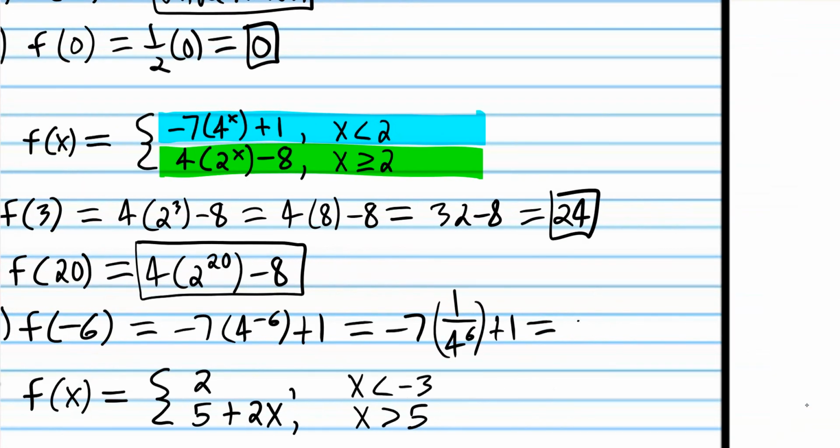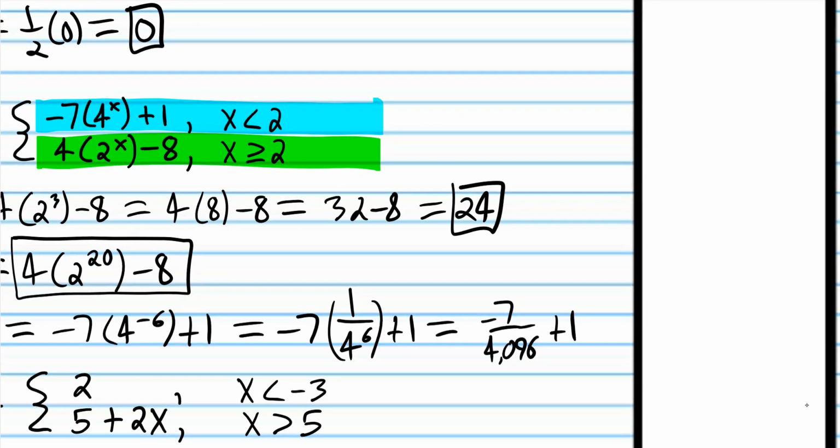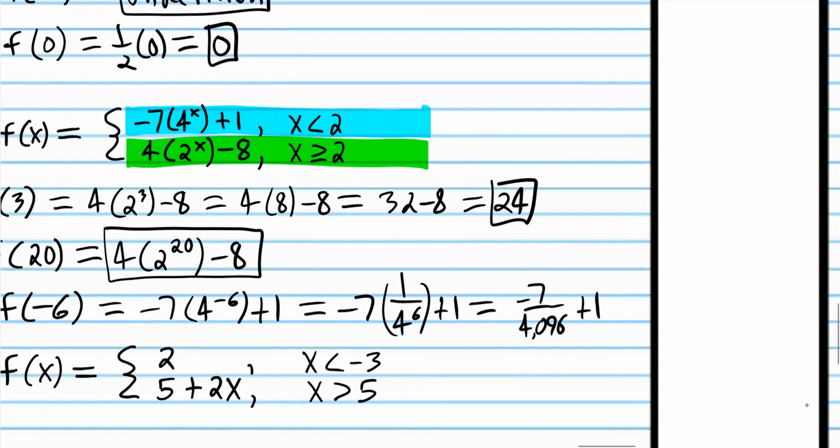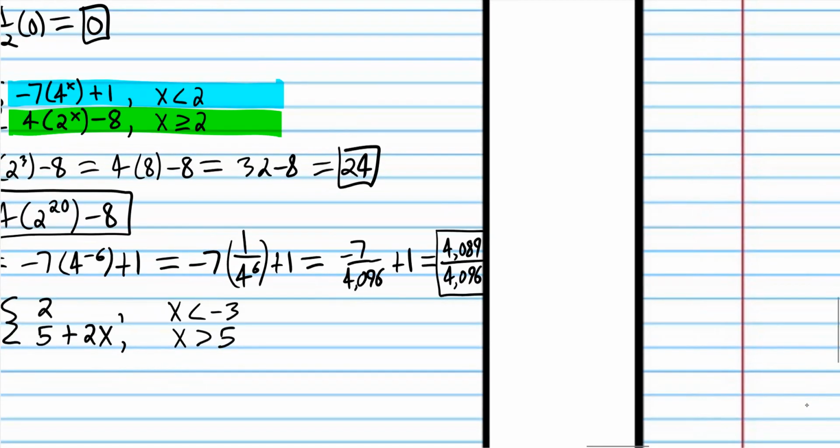So we have -7 over 4096 plus 1. And we can further simplify that. So that's going to be 4,089 over 4,096, and you can just leave it in that form for now.